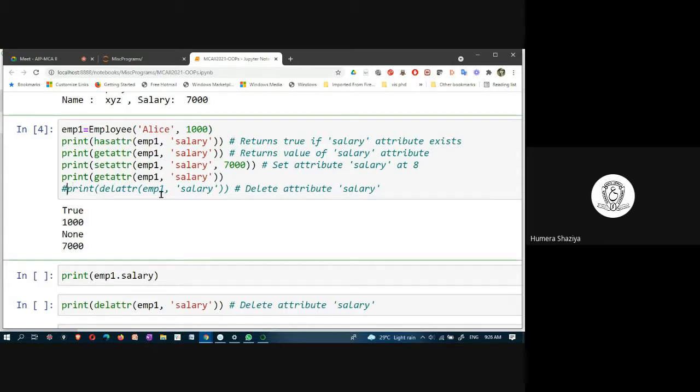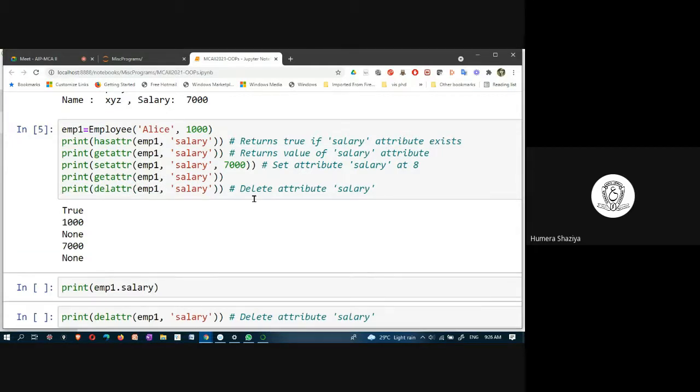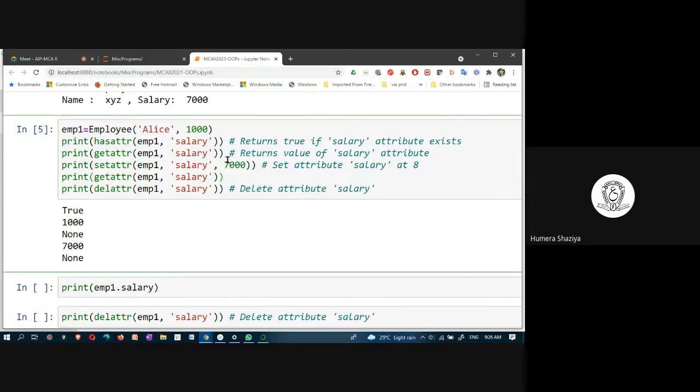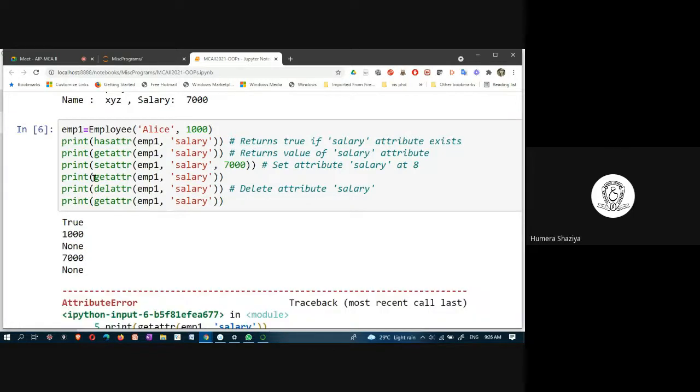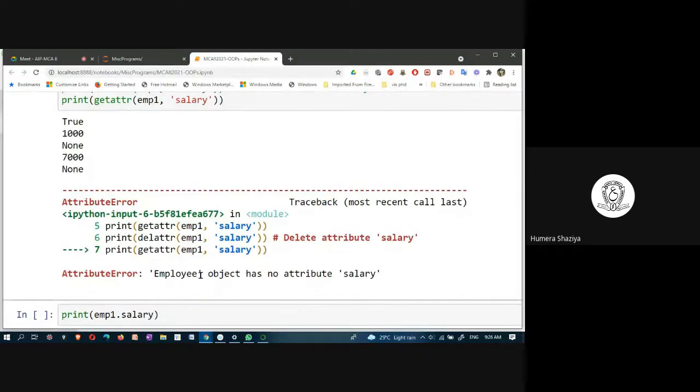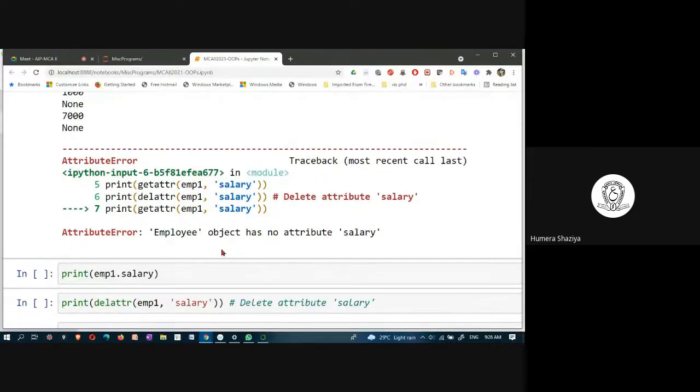Let us try to delete. All right, now it has been deleted. Because it is deleted, now when we try to get the value for that attribute, because it has been deleted using delattr, it raises an error: Employee object has no attribute salary.